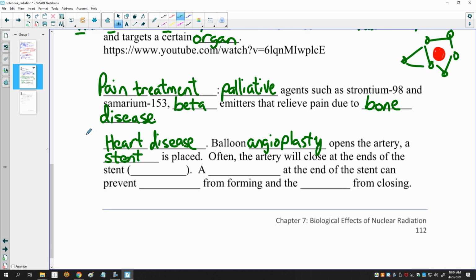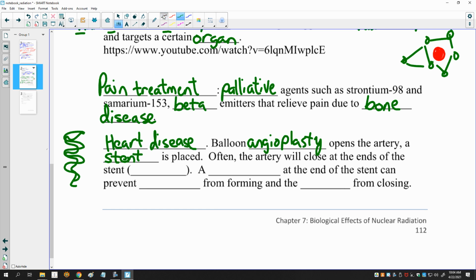Remember, the stent was this metal mesh that's used to expand and then fill up the artery so that it keeps it open. It's kind of like a mesh hose. You put it inside the artery and it fills out the artery and keeps it from closing down again.